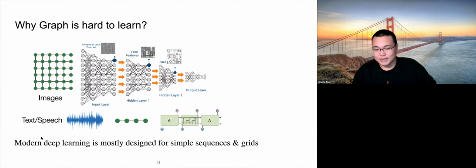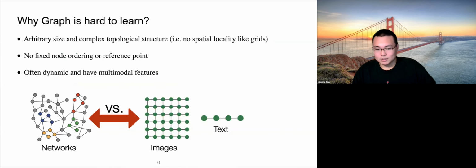CNN, RNN, LSTM, those kinds of modern deep learning tools are mostly designed for simple sequences and grids, like images. Images are simple grids, and text or speech are simple sequences. But for graphs, you have a way more complex structure. First, it has arbitrary size and complex topological structure, which means it has no spatial locality like grids.